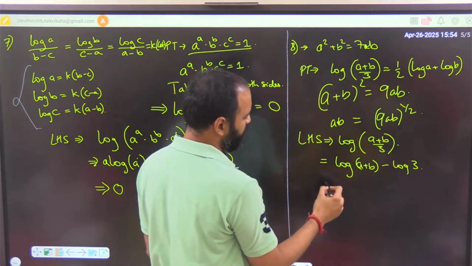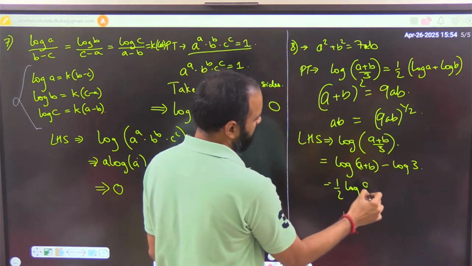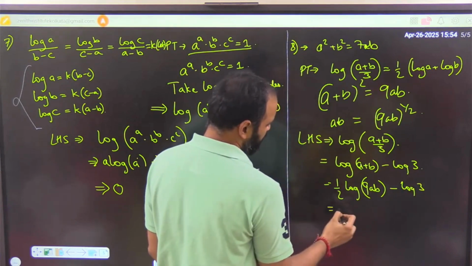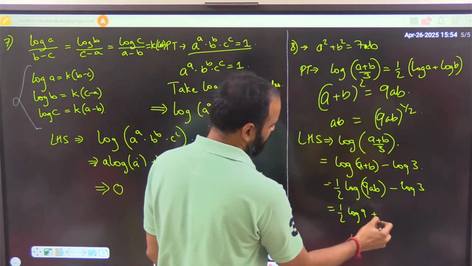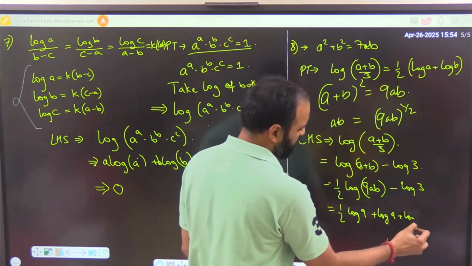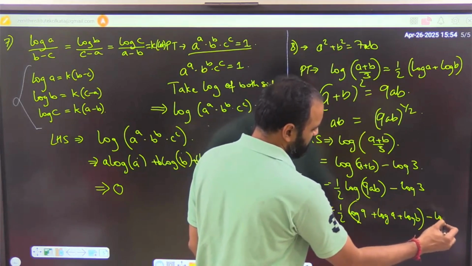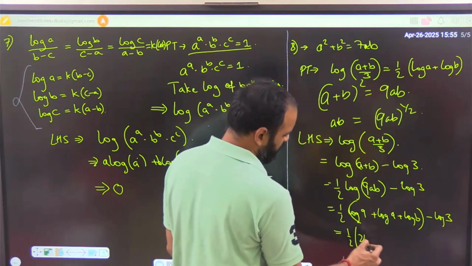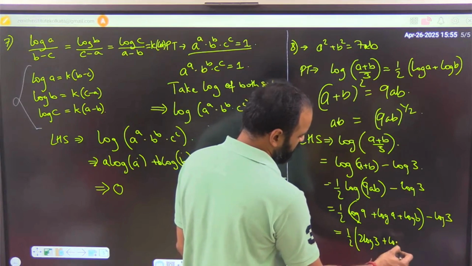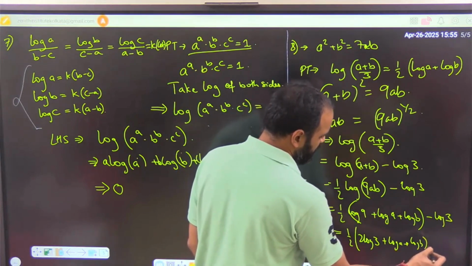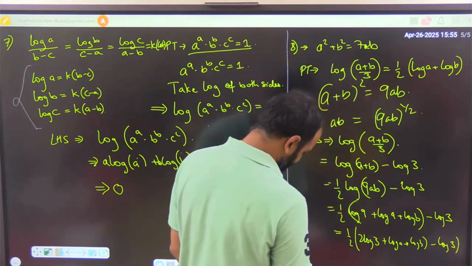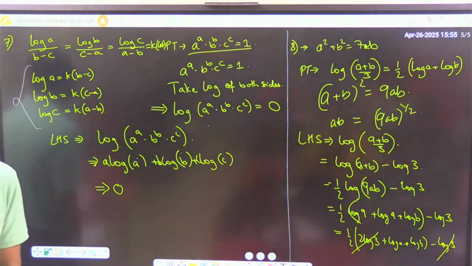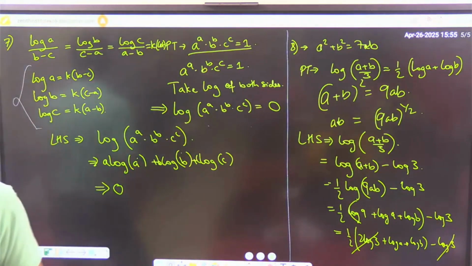It's (9ab) to the power half, so half log 9ab minus log 3, or this is half of (log 9 plus log a plus log b) minus log 3, and log 9 is like writing half of 2 log 3 plus log a plus log b minus log 3. So now this part will cancel off with this part, and will give us the required value, half of (log a plus log b).